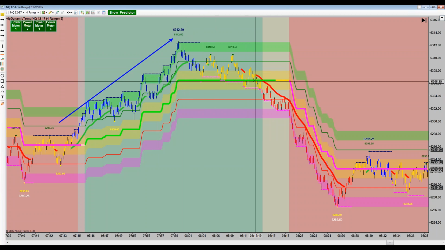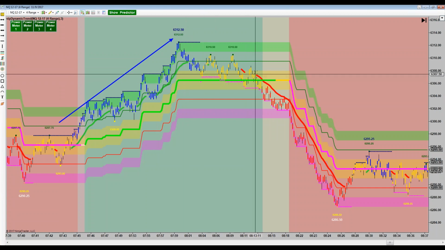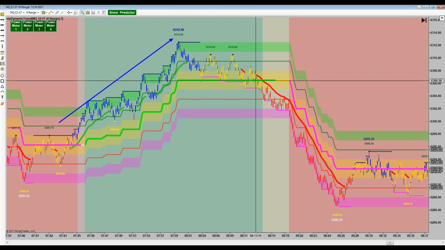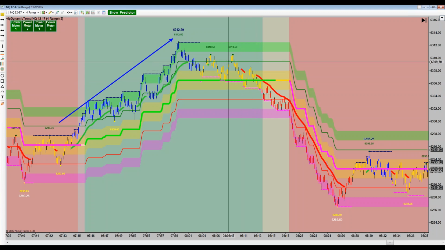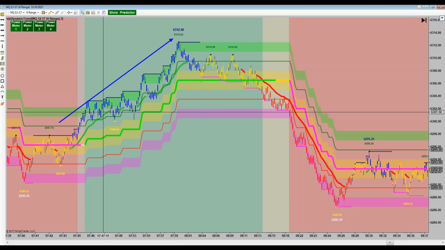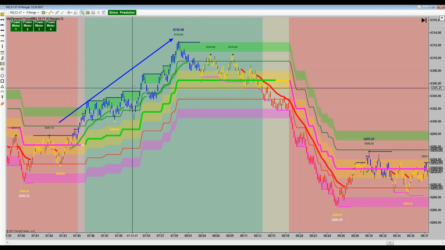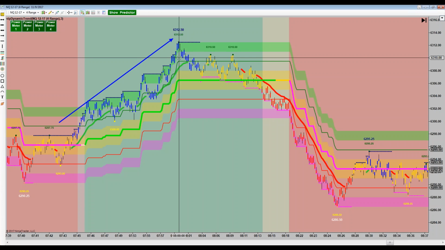However, when we got over to here, by this point, were we still heading up? What is different between this area where I'm putting the cursor and this area over here? Lower lows and lower highs.